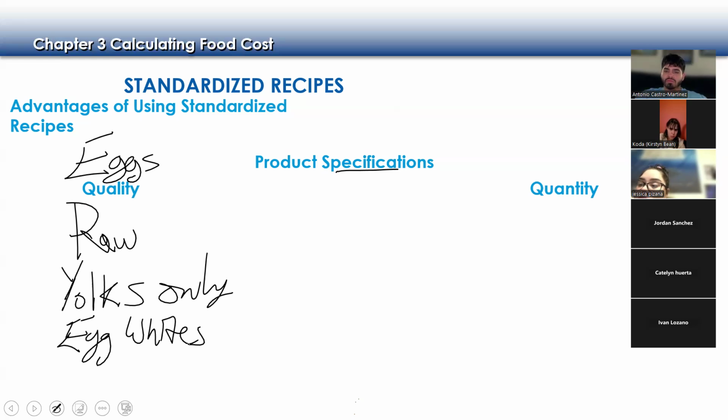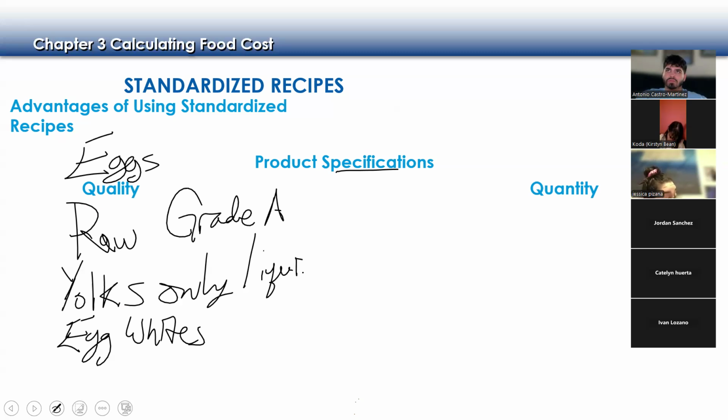Grade A. Okay, so we might have the grade. Grade A. So Jordan says carton liquid eggs. Yes, you can actually buy eggs that are already scrambled up in a carton. So you don't have to crack the eggs and then whip them up and scramble them, right? So we might have liquid eggs. Okay, what else?